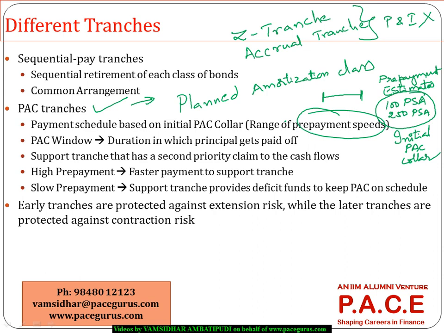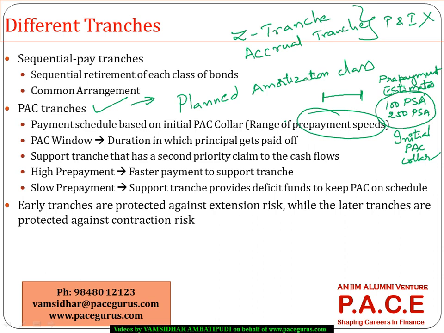Whichever principal is lower of the two is what will be received at a minimum. So there is some kind of assurance based on the prepayment levels that the bondholders of this class can expect.